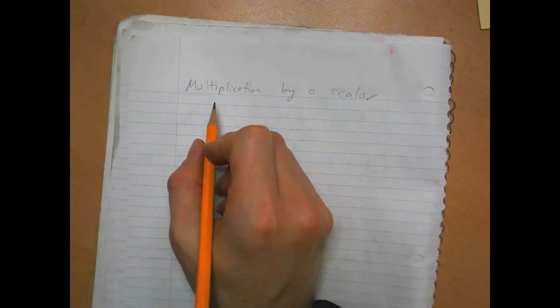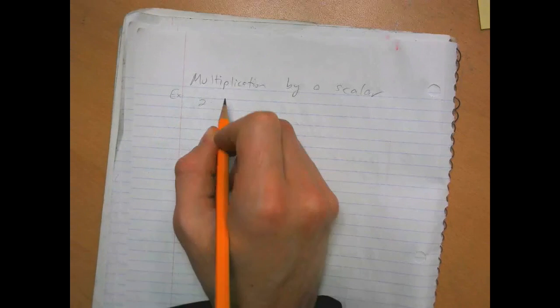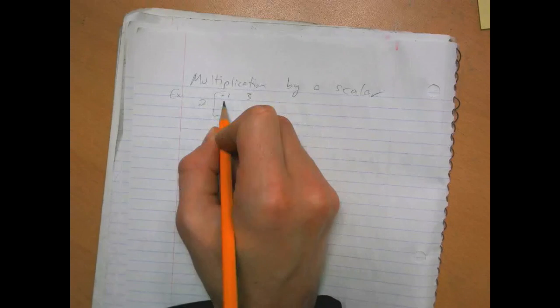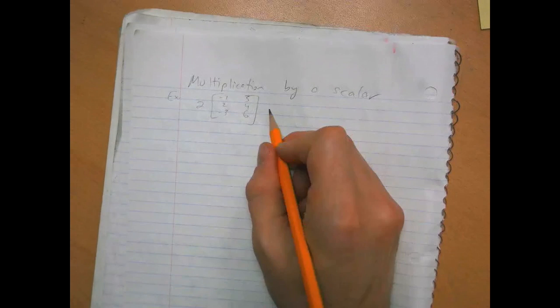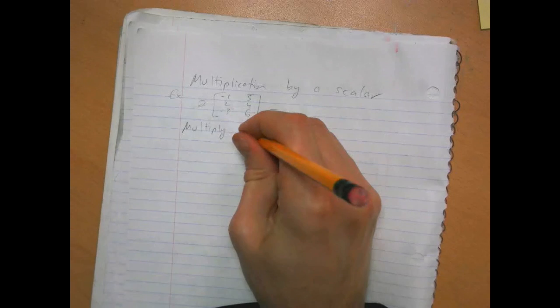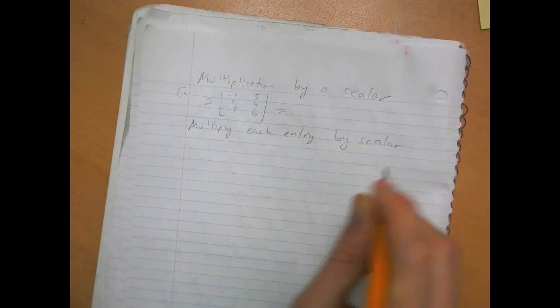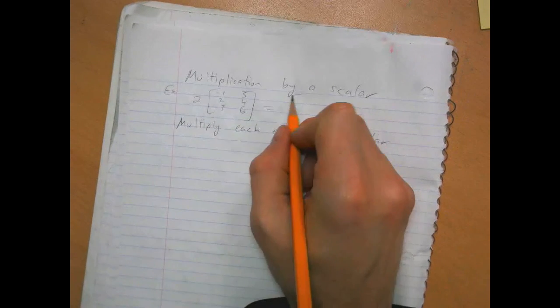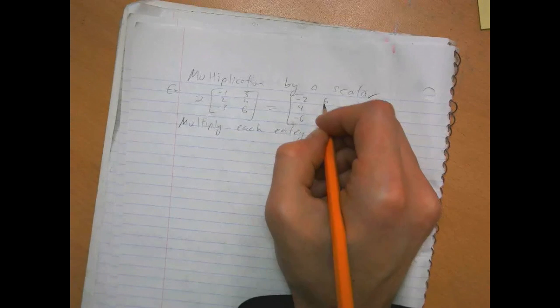So, for example, if I take 2 times negative 1, 3, 2, 4, negative 3, 6, how that works is that I multiply each entry by the scalar. I'm taking 2 times this matrix, I take each entry times 2, so that becomes -2, 4, -6, 6, 8, 12. Okay, so that's how scalar multiplication works.